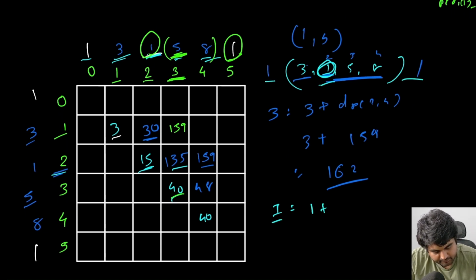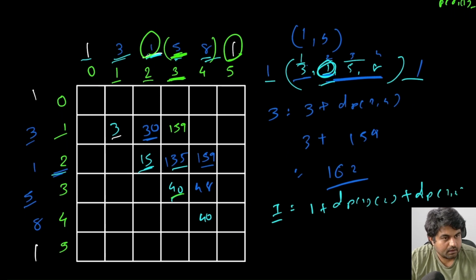So that would be 1 plus, remember we have two ranges. The first range is dp of 1 to 2, and the second range would be dp of 3 to 4, because we already took care of dp of 2. So dp of 1 to 2 is going to be 30, plus dp of 3 to 4 is going to be 48. So 48 plus 30 plus 1, whatever value that comes up to. So on and so forth.